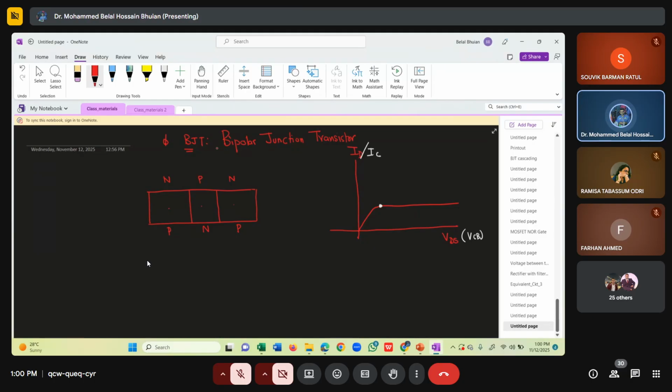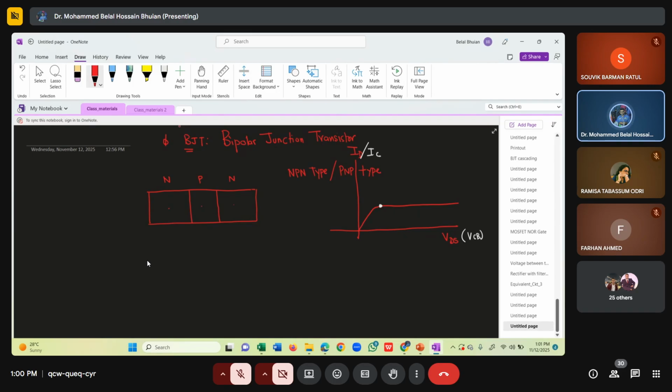One is called NPN type, and another one is PNP type, depending on which material you use. Mostly we're going to discuss the NPN type, and PNP type is just a logical extension of NPN type.